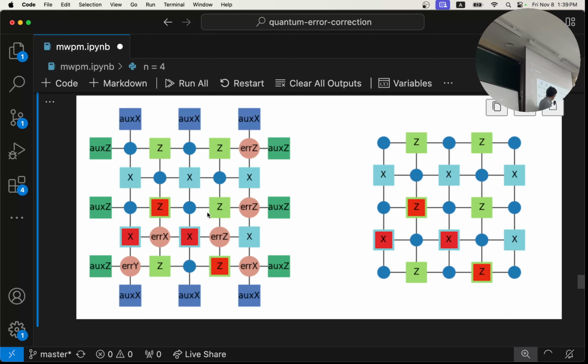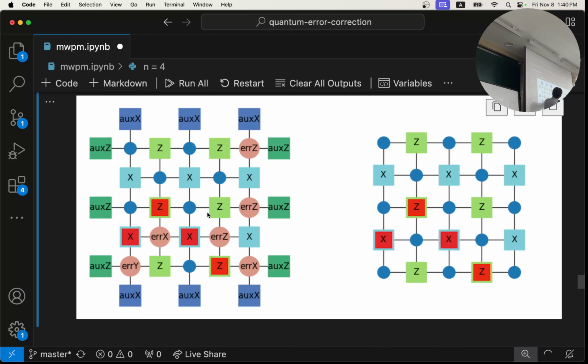And the Z error is detected by the 2 X stabilizers connecting to this data qubit. So this one is changed. But how about this one? This is not changed because there is another error on the same X stabilizer. So they are a double switch, and there are no changes in here.